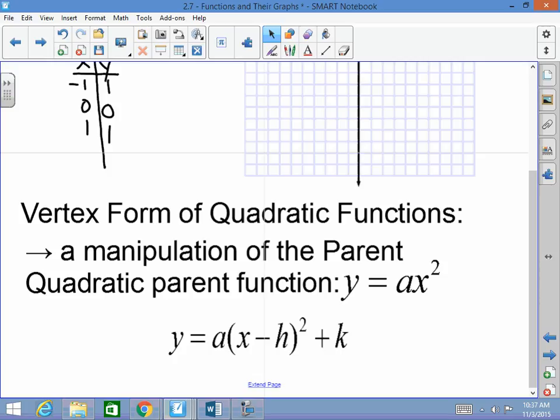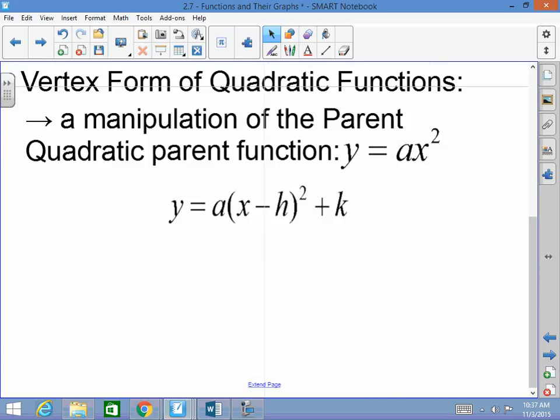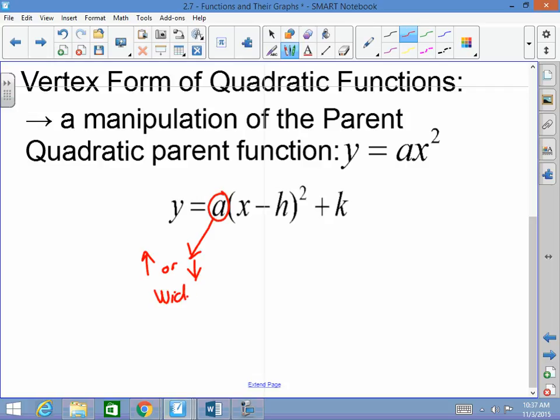Vertex form has 3 key ingredients that make it powerful. You have the A, which we're going to talk about in detail. The A is going to determine if it goes up or down, and how wide or how narrow it is.